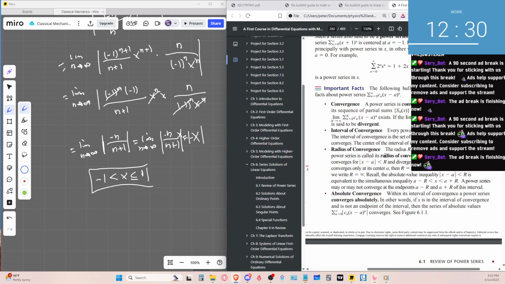Let's see, the radius of convergence, here we go. If r is greater than 0, then the power series converges for the absolute value of x minus a less than r, and diverges when it is greater than r.